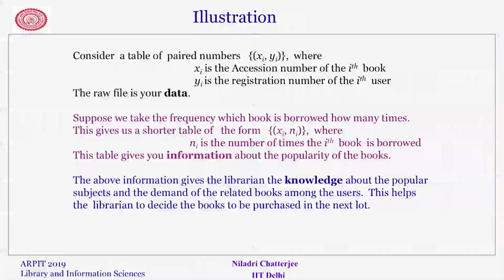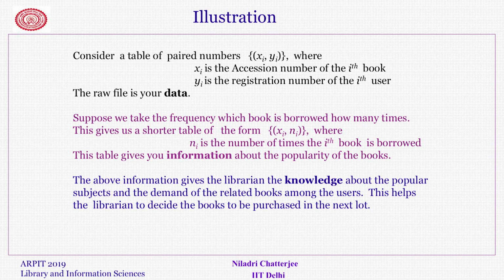Now, once we have the information over a large number of days, then we gain knowledge. The knowledge is which book is very popular among the users, and therefore, it helps the librarian to decide which books are to be purchased in the next lot.